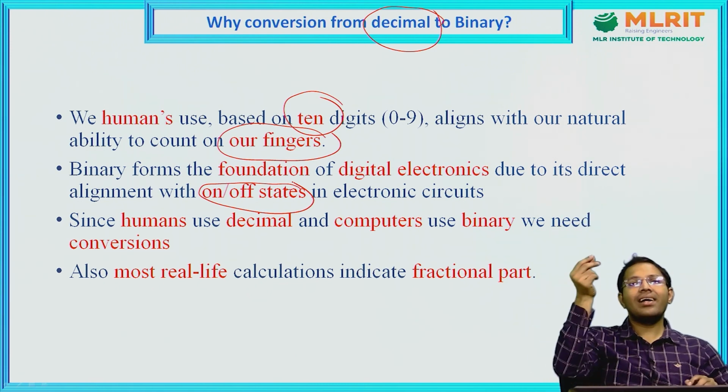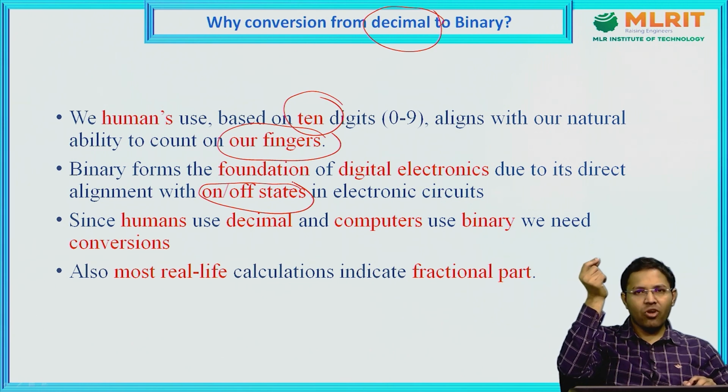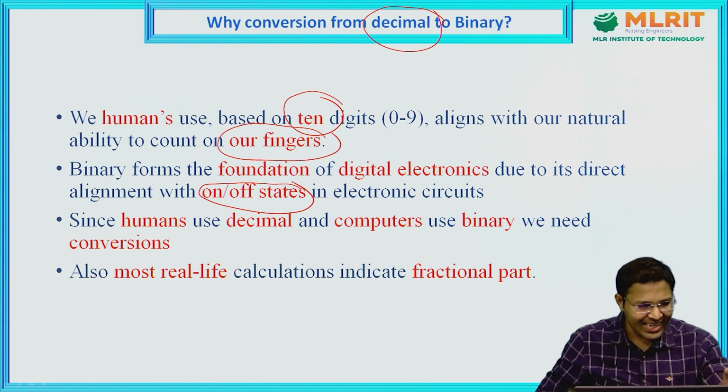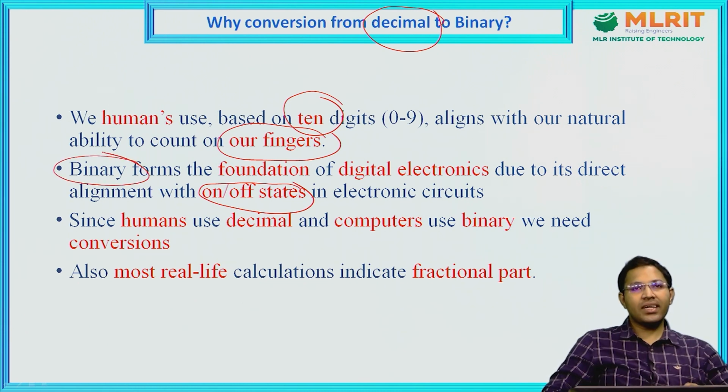Likewise with the tiny microscopic switches within the computer, the switch can either be on or off. Only two states are possible. Hence computers use binary. So we need to consider decimal to binary or binary to decimal.